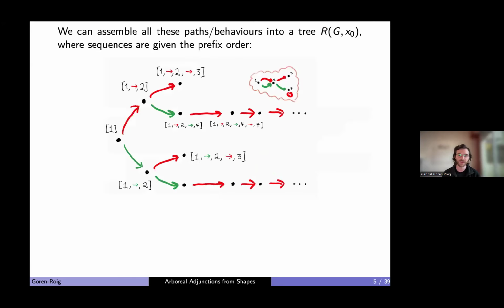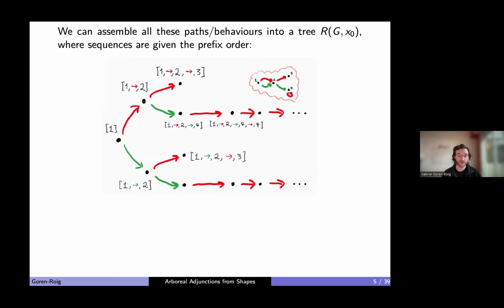Now, the interesting thing is that we can assemble all of these behaviors into a tree. It will be the tree R of this pointed graph. The vertices of this tree are the sequences that I was describing. Then we can place edges between these vertices, which correspond to extending one sequence by one new element, and we can even color these edges by the color of the last edge in the corresponding behavior.